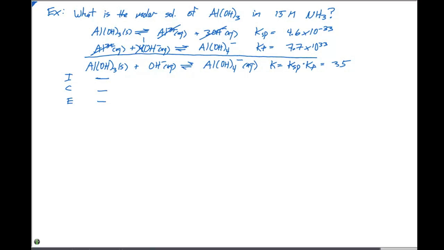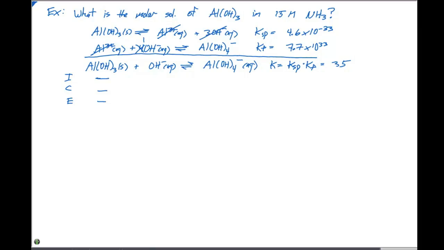And we're asked for the molar solubility in 15 molar ammonia, so we need to know the initial concentration of the hydroxide ion and the complex ion in order to perform this calculation. The thing that's unfortunate is that we're not given a hydroxide ion concentration. So the question is, what's the initial concentration of this hydroxide ion?